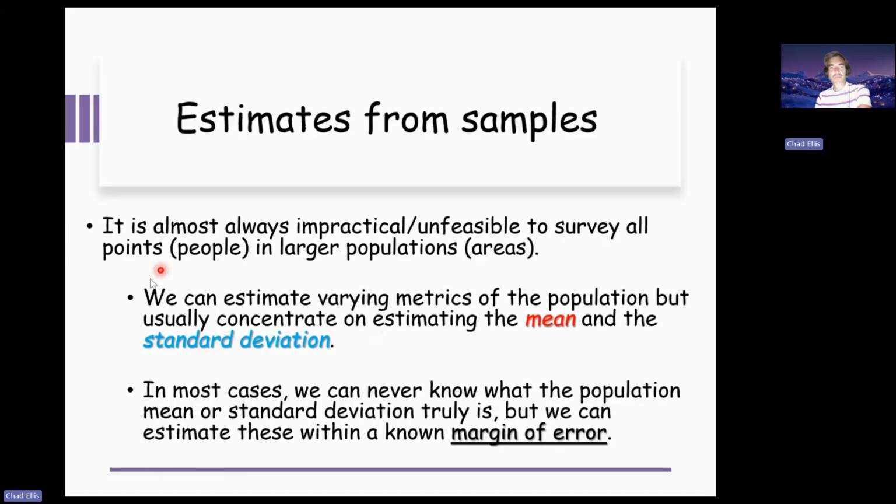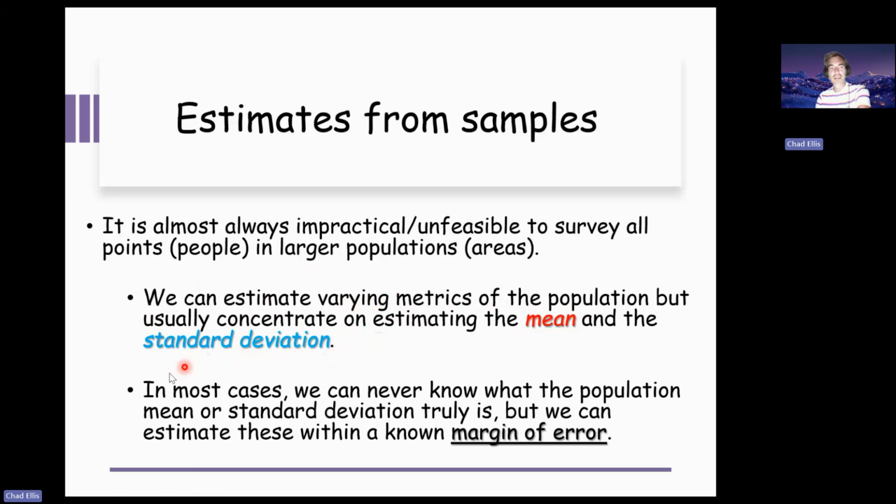Right, so one of the things that we're usually trying to do is estimate, again, mean and things like standard deviation, basically our central tendency of our population and how dispersed it is. So mean and standard deviation are two metrics that we're usually trying to use a sample to estimate for a larger population.